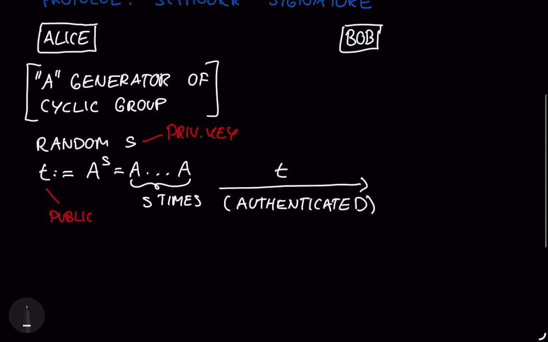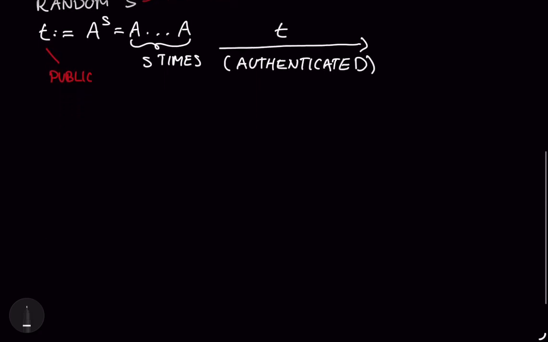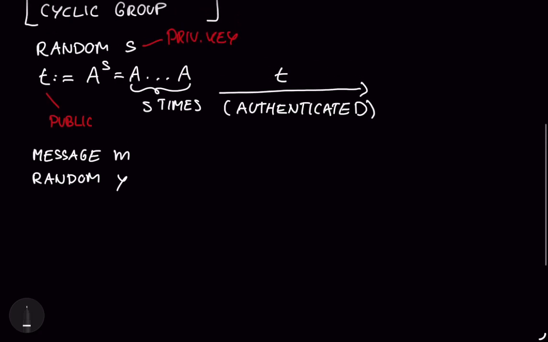So now the actual protocol starts. We have a message, and Alice wants to sign this message. The first step Alice does is to choose a random Y. It's also used as a power, like the S, the private key.